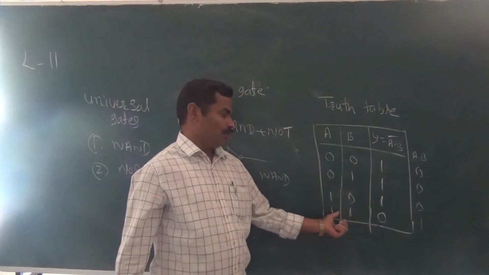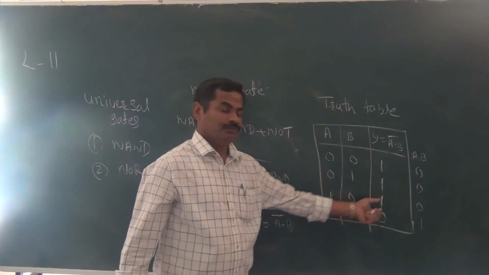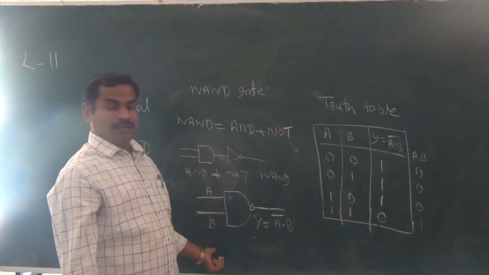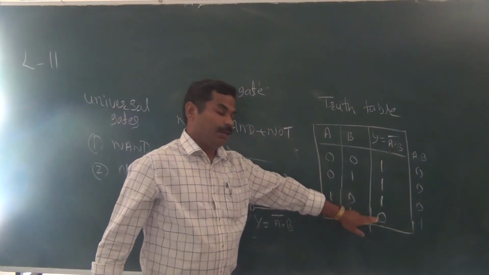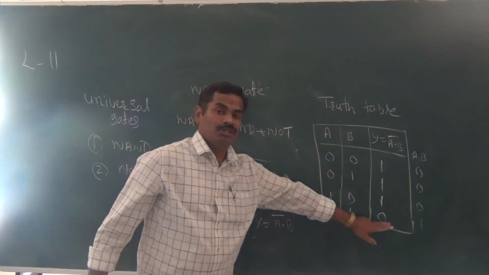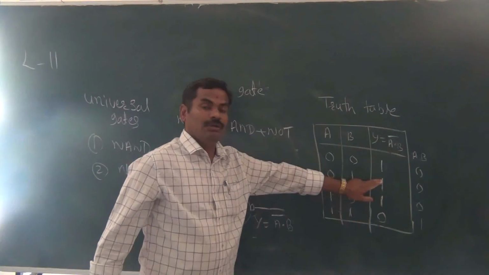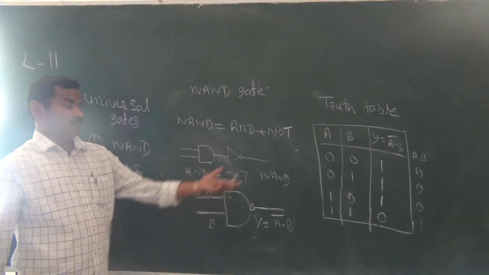When both inputs are 1 1, the output is 0. The remaining times the output is 1 only. Or when both inputs are high, the output is low. The remaining times high only. This is about the simple way of the symbol and truth table of the NAND gate.